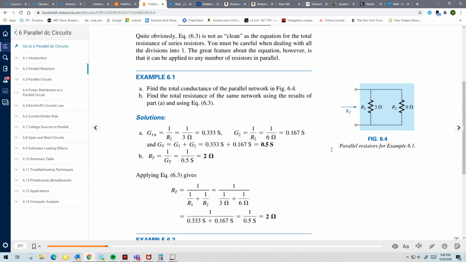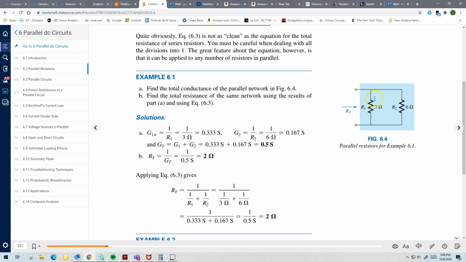For example, in this figure 6.4, if you want to find the total resistance looking into these two nodes, obviously, first of all, you recognize that the two resistors are in parallel, right? So the 3 and the 6 are in parallel. So one way of finding the total conductance in this case, which is what they want, is by taking the individual conductances.